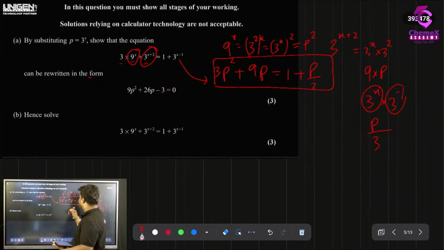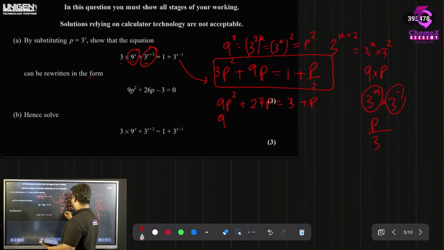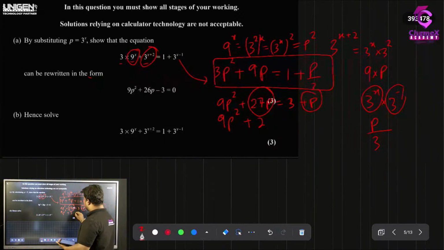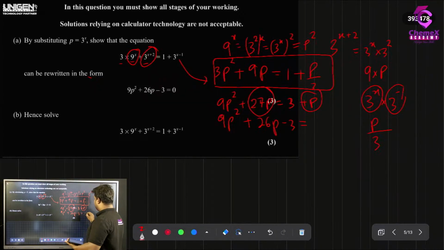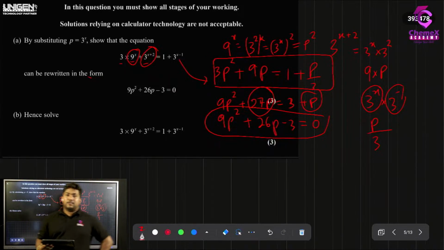So if I multiply by 3 first, you get 9p squared plus 9 times 2, 18p, plus 9 times 3, 27p, equals 3 plus p. So I'm taking it to the other side: 9p squared plus 27 minus 1p is 26p minus 3 equals 0. Do you understand how to get the formula? They asked to show. Any questions with that?